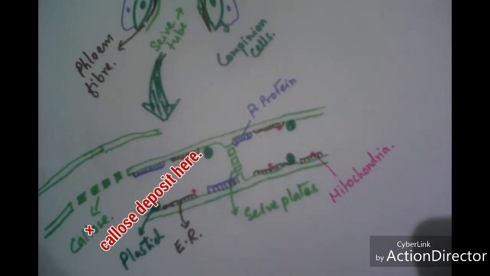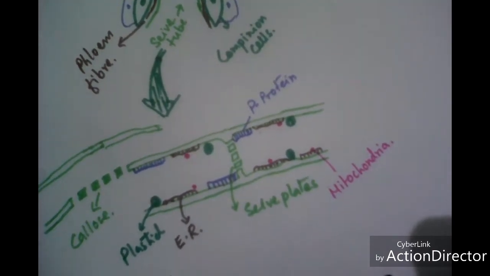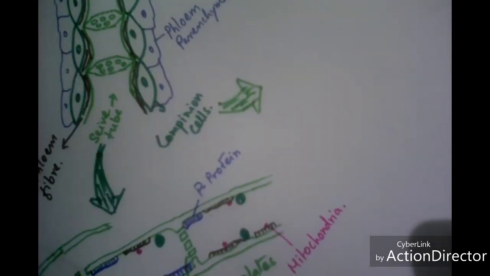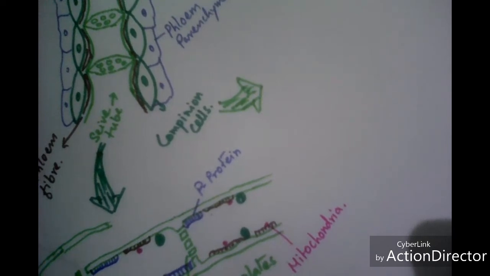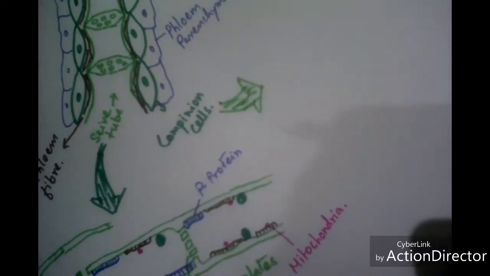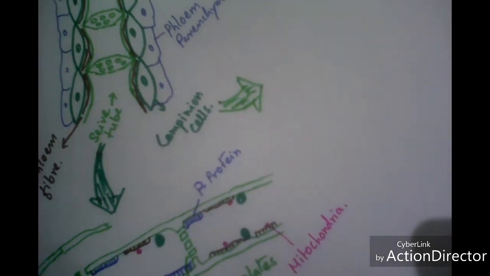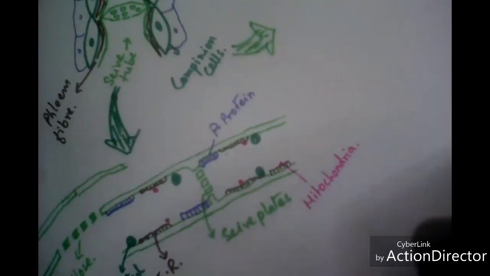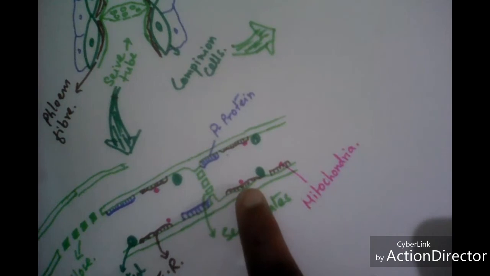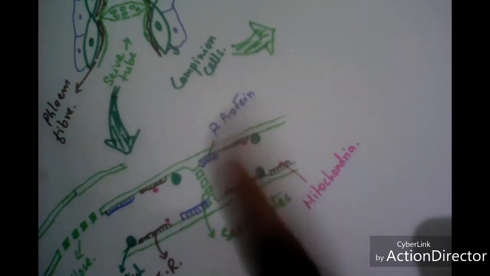Now next is companion cell. We know that companion cell is present beside sieve tube and they derive from the same mother cell and remain in close contact with sieve tube, because to survive, sieve tube needs a nucleus, which is very important, and in case of sieve tube the nucleus is absent, and companion cell contains a nucleus.